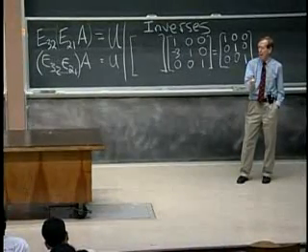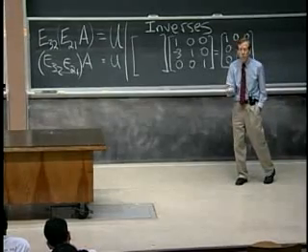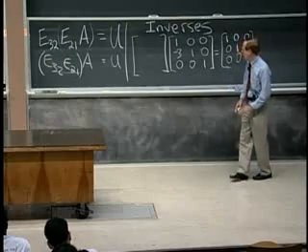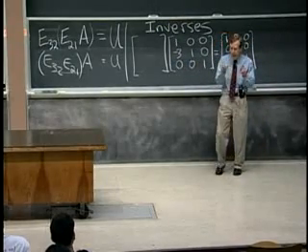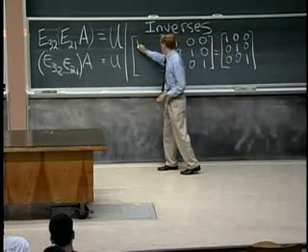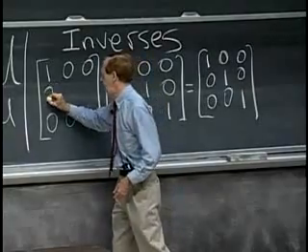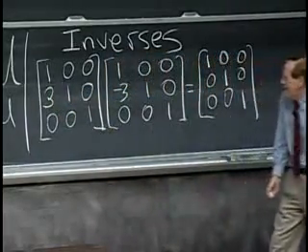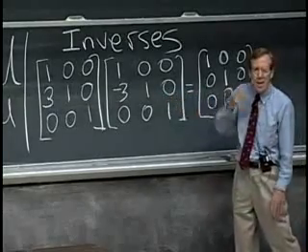I add 3 times row 1 to row 2, right? I add it back. What I subtracted away, I add back. So the inverse matrix in this case is, I now want to add 3 times row 1 to row 2. So I won't change row 1, I won't change row 3, and I'll add 3 times row 1 to row 2. That's a case where the inverse is clear.